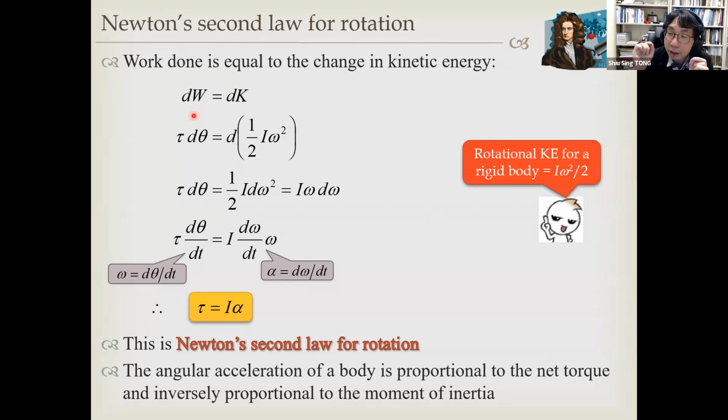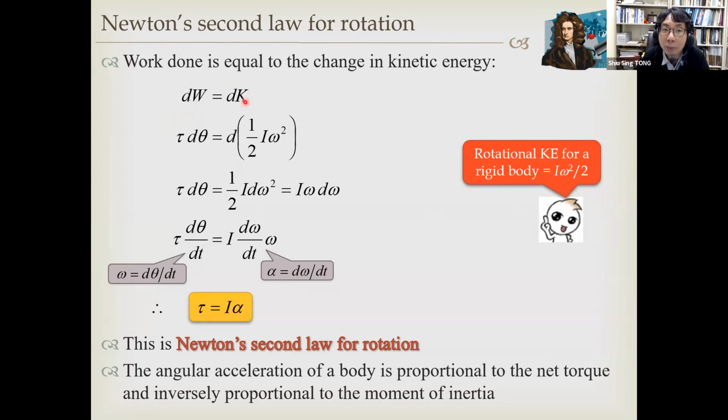The energy that I deliver by my torque to the system must be equal to the change in kinetic energy, right? That is the work energy theorem. I input some energy to it, now by a torque, but not by a force. But that is a similar idea. That energy must go through the change in kinetic energy.